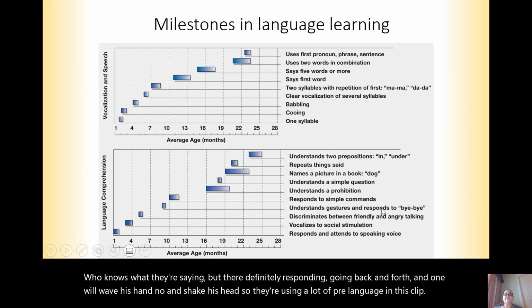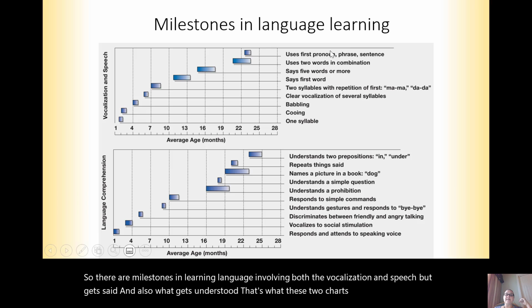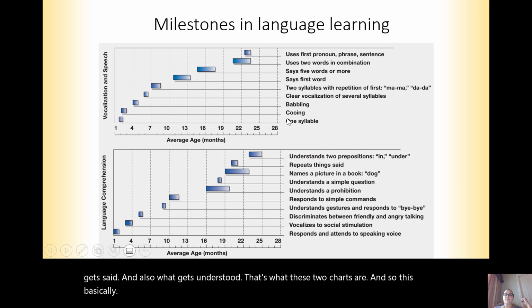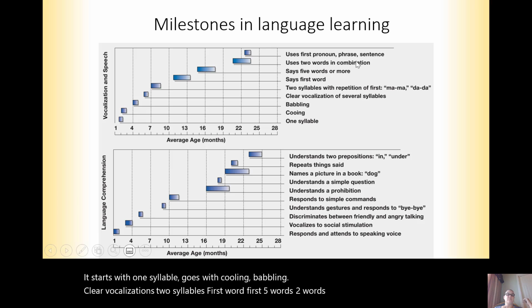So there are milestones in learning language involving both the vocalization and speech, what gets said, and also what gets understood. That's what these two charts are. It starts with one syllable, goes to cooing, babbling, clear vocalizations, 2 syllables, first word, first 5 words, 2 words in combination, first pronoun.